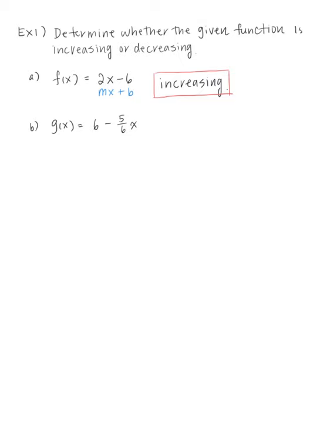So this is right now of the form b minus mx. Let me just rewrite that. This is exactly the same thing as -5 over 6 x plus 6. Now this is of the form mx plus b. So our slope is going to be -5 over 6.